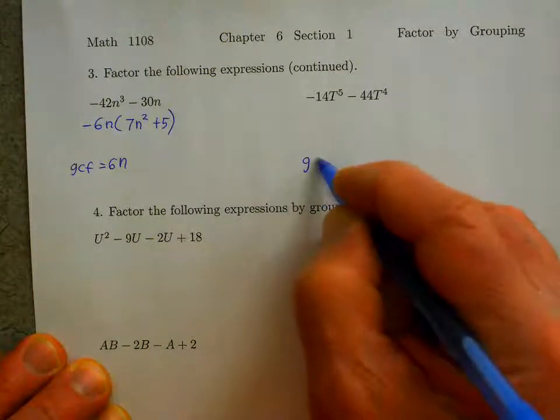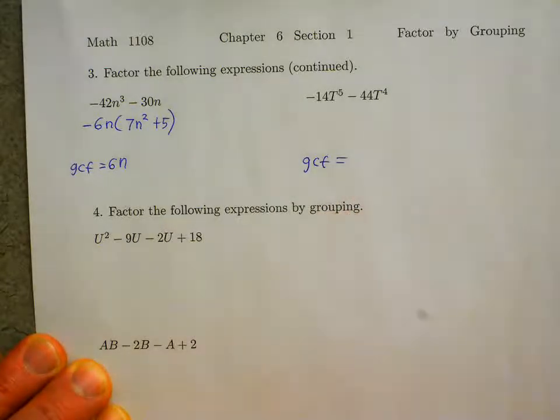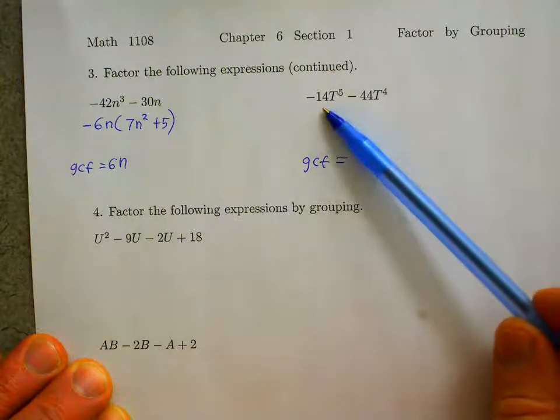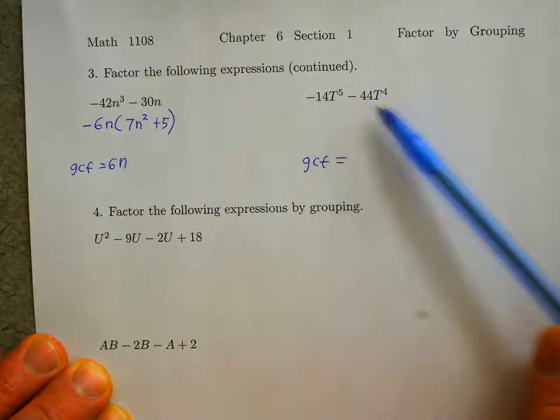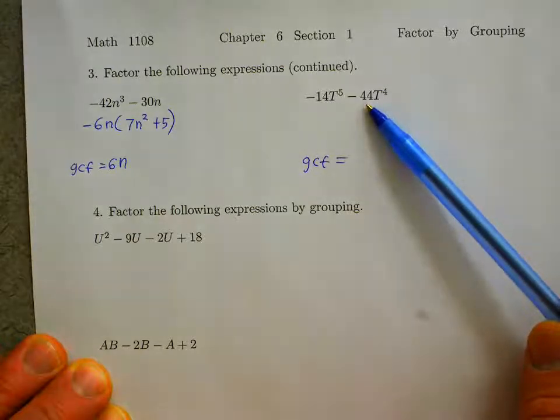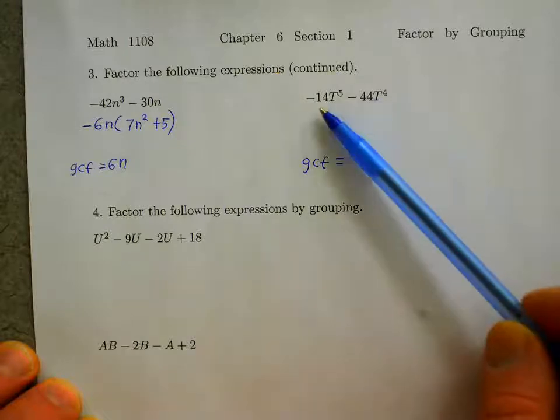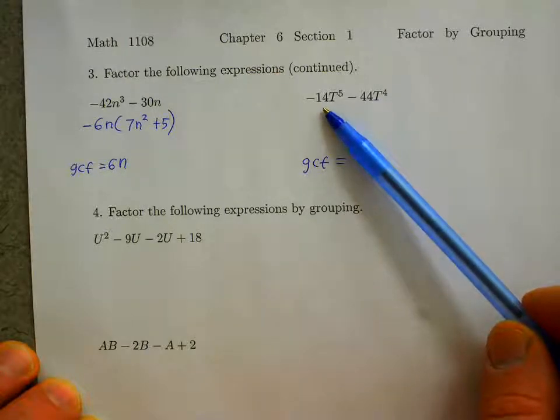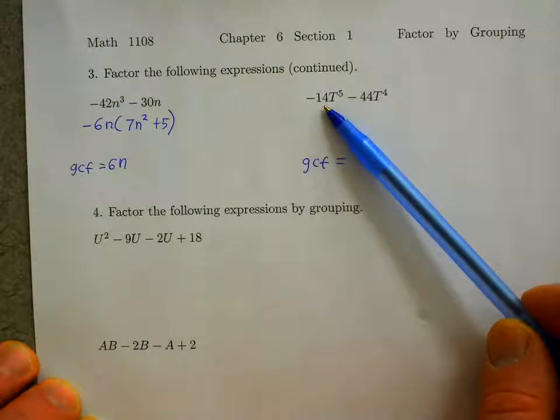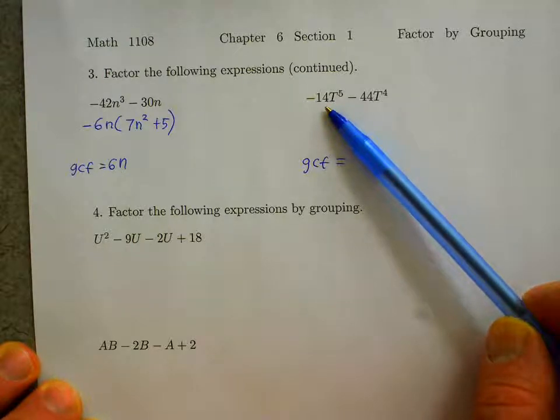Okay, the next one. First, find the greatest common factor of 14 and 44. Well, the positive integer factors of 14 are 1, 2, 7, and 14.